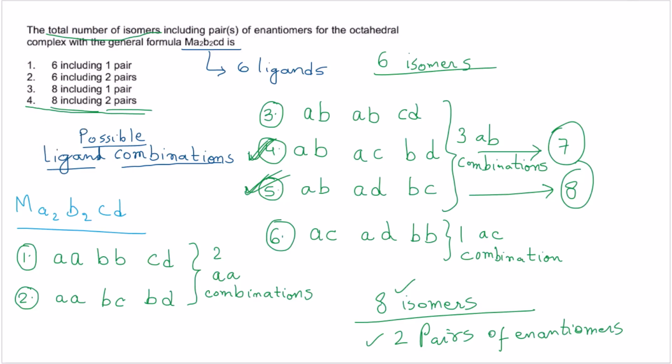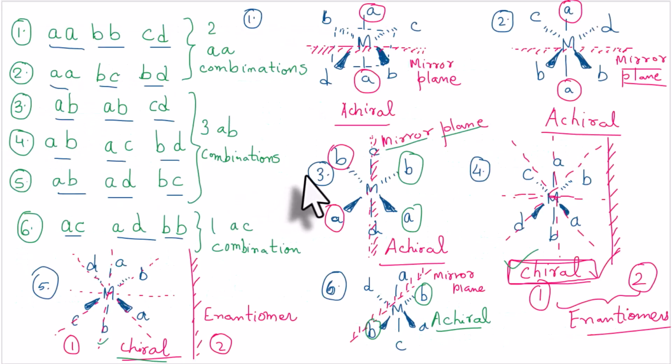We have to be very careful and form the ligand combinations that are possible from the given ligands. And those ligand combinations should not repeat. And also we have to check each combination for its chirality, putting the mirror plane and bisecting the molecule into 2 equal halves, and then check whether we are getting 2 equal halves or a similar reflection of that part by putting the mirror plane.